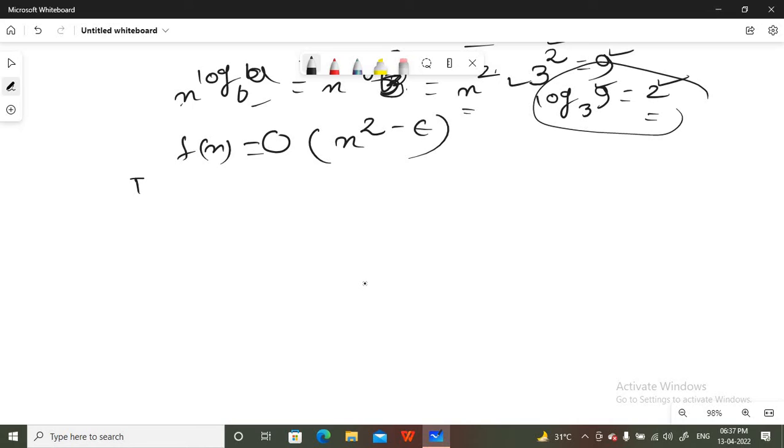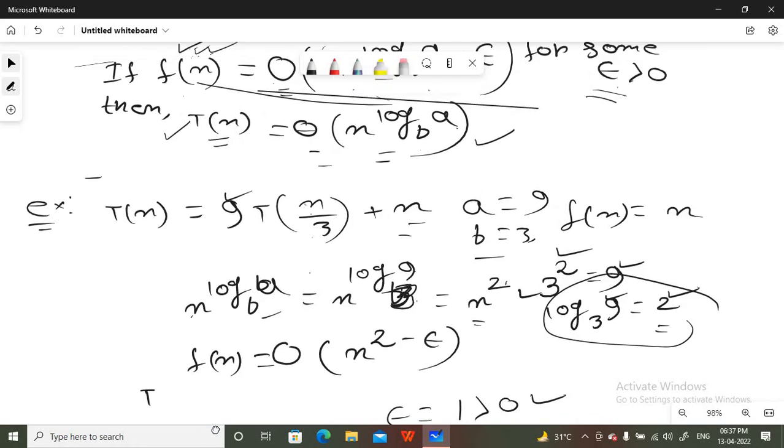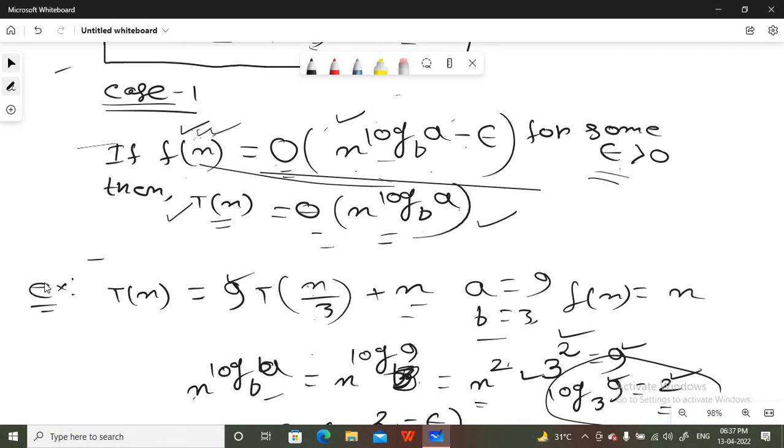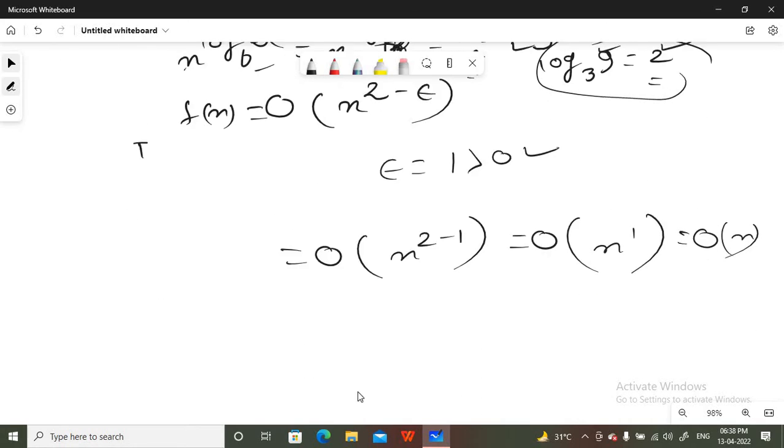Just take epsilon equals 1, which is greater than 0, right? So can we say order of n to the power 2 minus 1 equals order of n to the power 1, that is order of n? So here we have to check whether this condition is satisfied or not. What is f of n here?